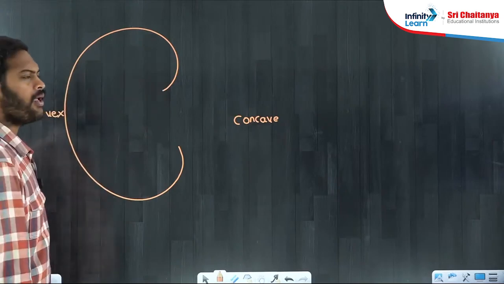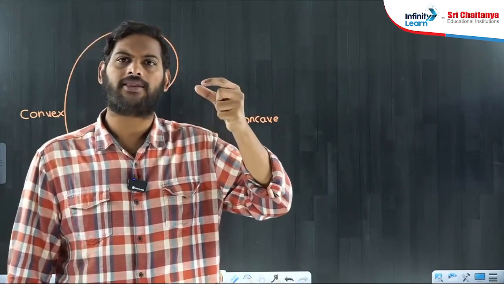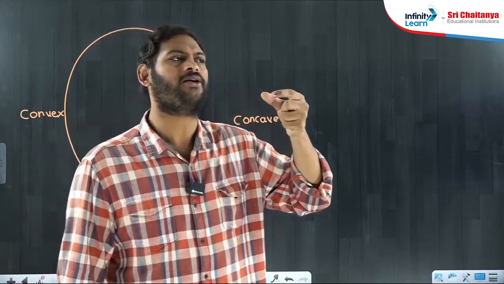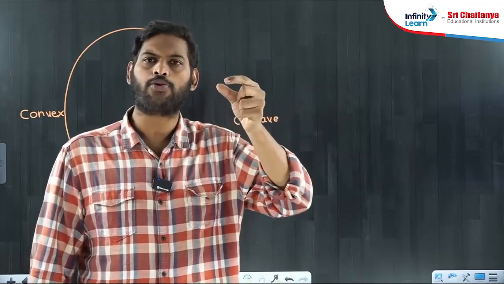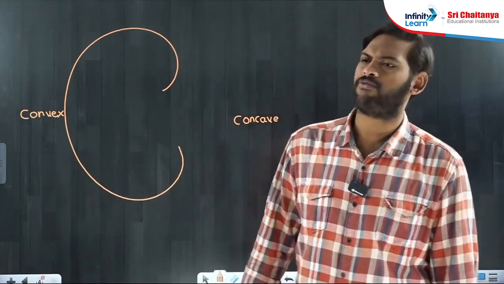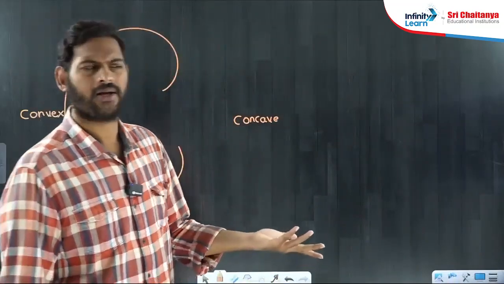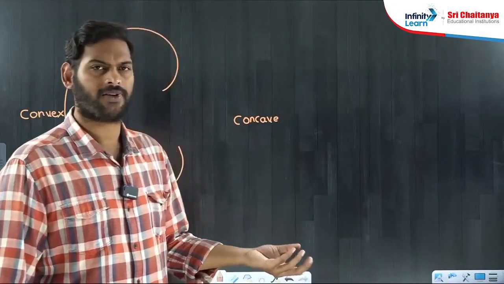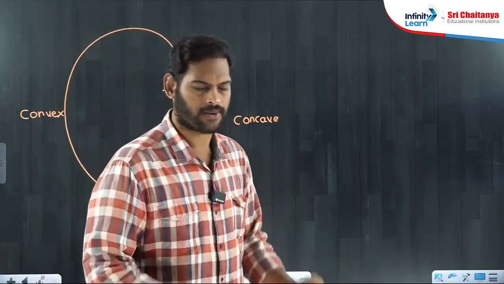Each kidney measures 10 to 12 centimeters in length, 5 to 6 centimeters in width, and 2 to 3 centimeters in thickness on an average. They may weigh 150, 160, 170 grams, because the weight of a kidney changes with age and gender also, right? So we always have to consider the average.